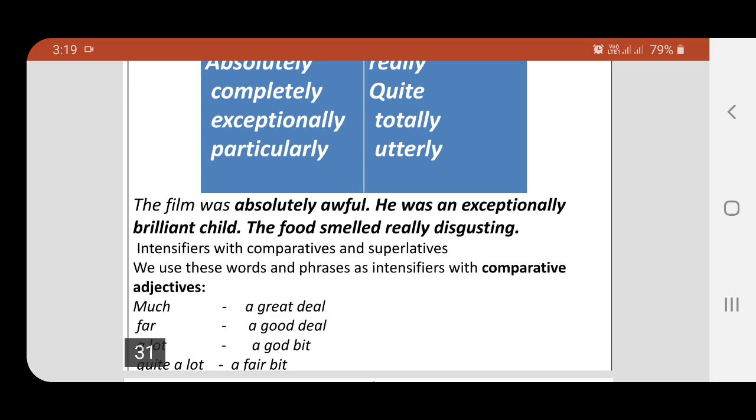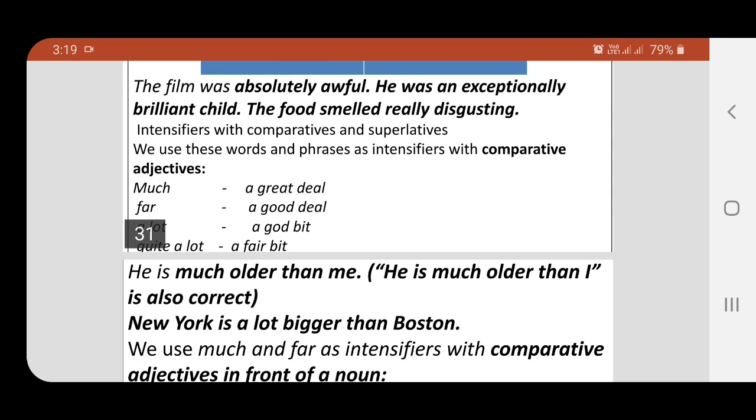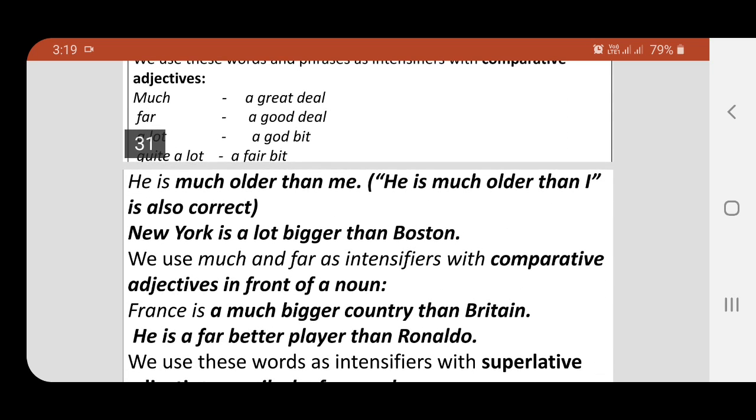We use these words and phrases as intensifiers with comparative adjectives: much, a great deal, far, a good deal, a lot, a good bit, quite a lot, a fair bit.